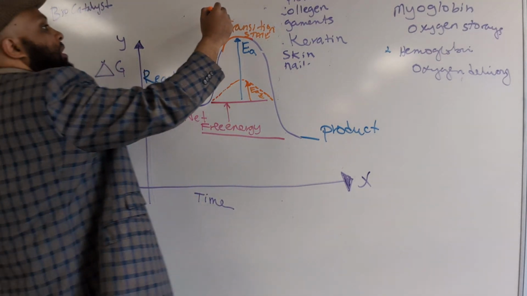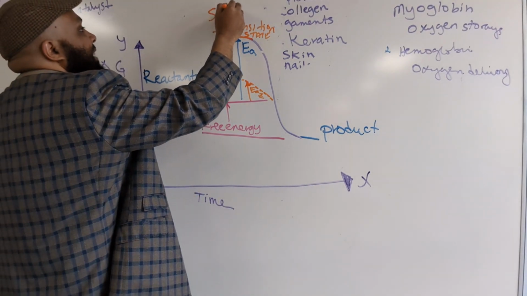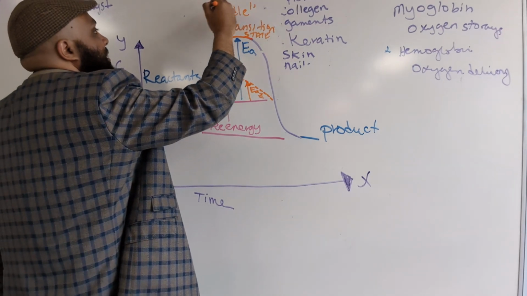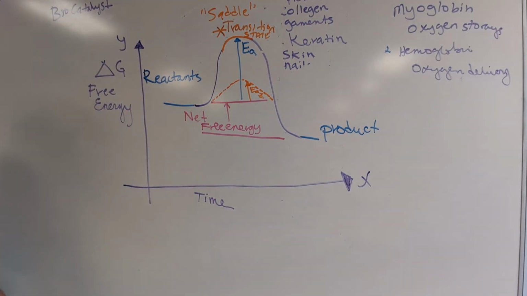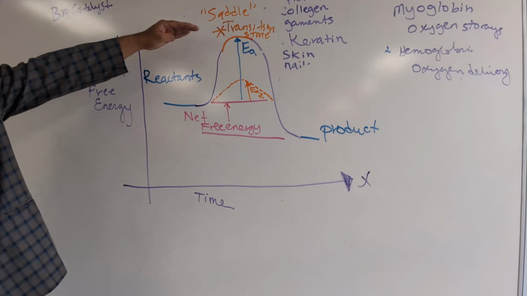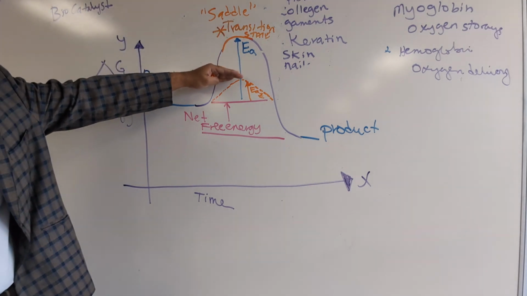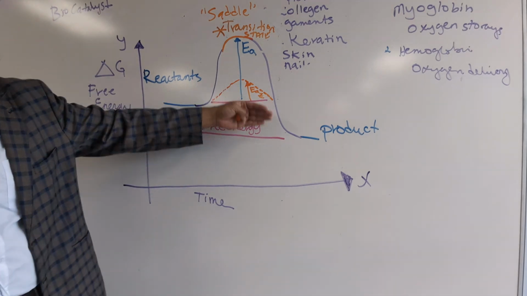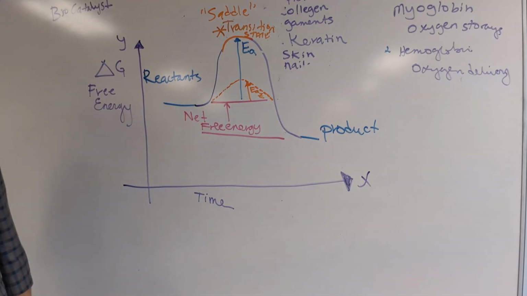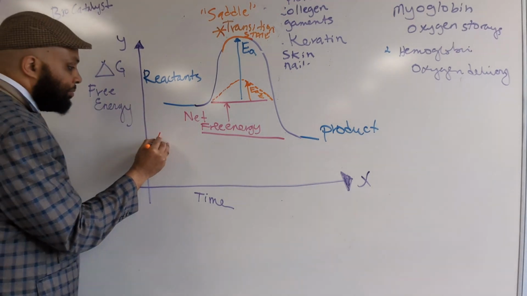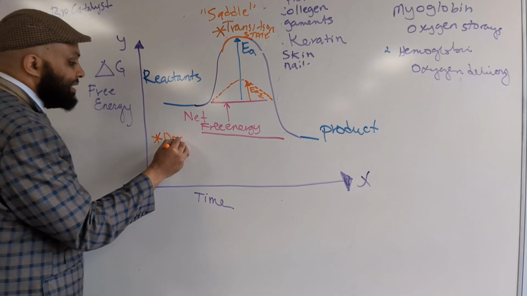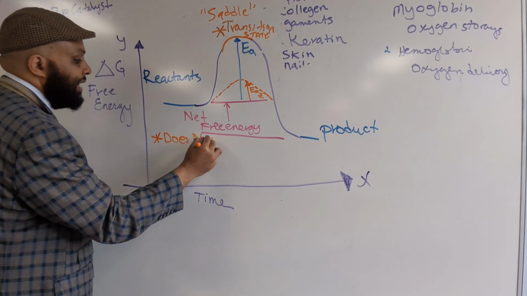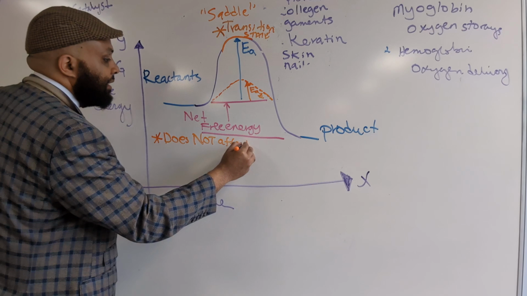And the top point up here is the saddle point, the highest point. So we're going to lower that saddle point to a new alternative saddle point, and that's what's going to make the reaction go faster.